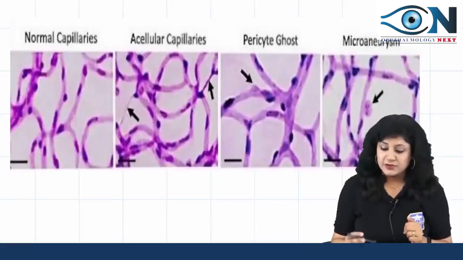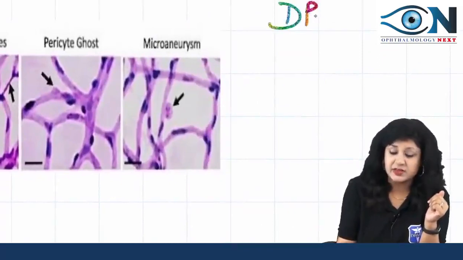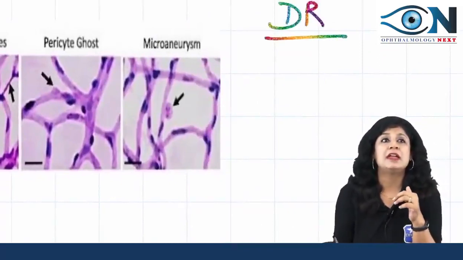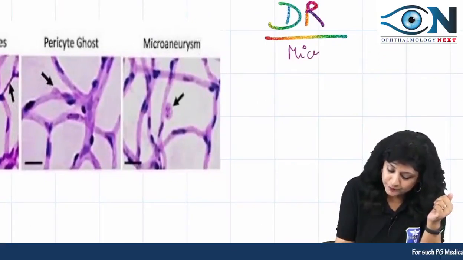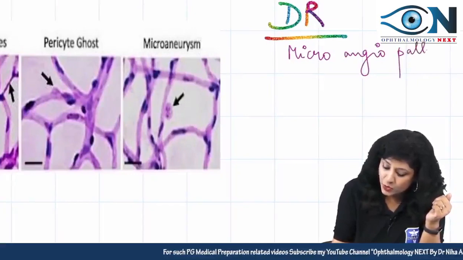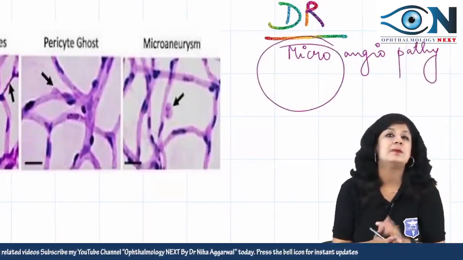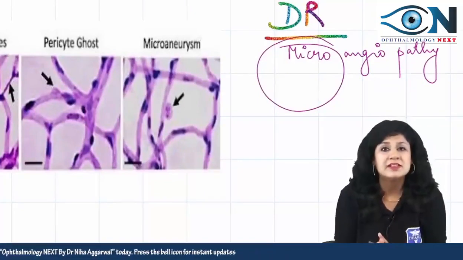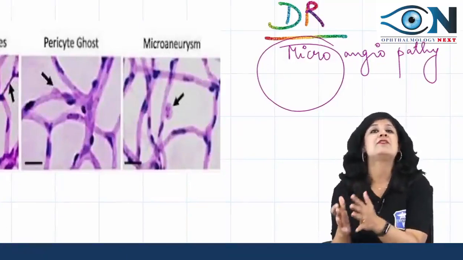Now, first of all, try to understand that when we talk about diabetic retinopathy, it is actually a microangiopathy. So basically it is affecting the smaller blood vessels. Now what are smaller blood vessels? We have arterioles, venules, and capillaries.